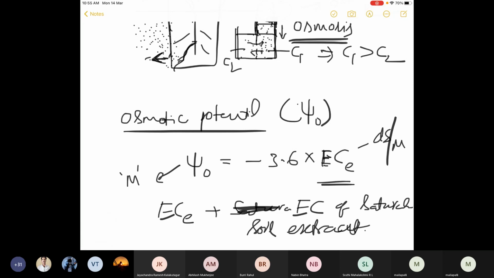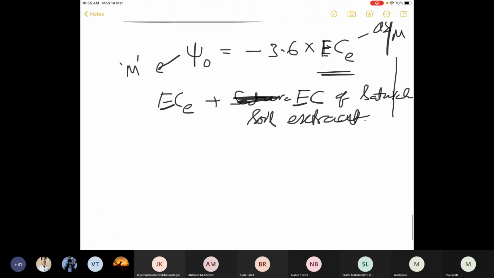So the next is, this formula is tagged to soil moisture. If you have a soil moisture difference, the same formula will be like this: ECe multiplied by theta S by theta. Generally we denote the soil moisture on a volume basis as theta.